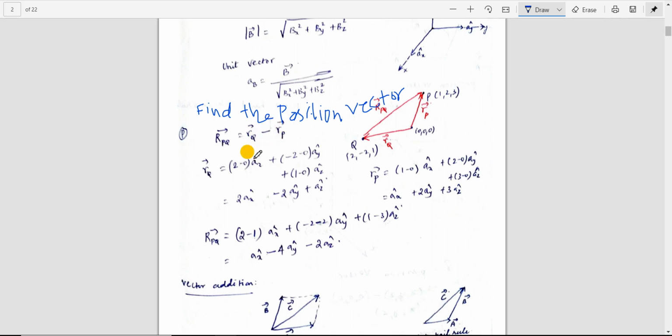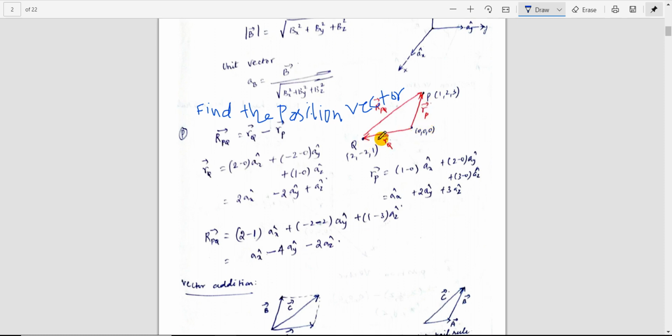So how are you going to define this rp and rq? For a p vector, if you are going to define rp, then you have to first mention what is the origin. So this is the origin vector 0, 0, 0. From the origin, if you are drawing a vector to the p point, it is rp.